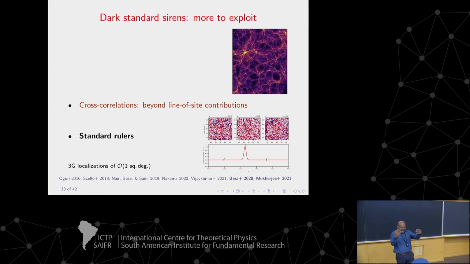So as I said earlier, if one looks at the distance and the redshift distributions and one changes the cosmology, at some cosmology the fingerprint in the distance distribution is exactly going to match the fingerprint in the redshift distribution, giving us information not from just line of sight correlations, but from beyond the line of sight, effectively making use of gravitational wave sources not only as standard sirens, but also as standard rulers.